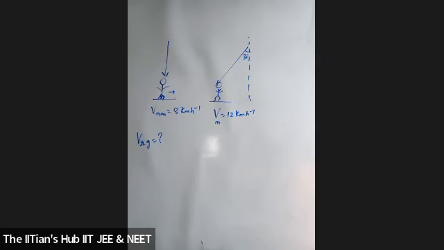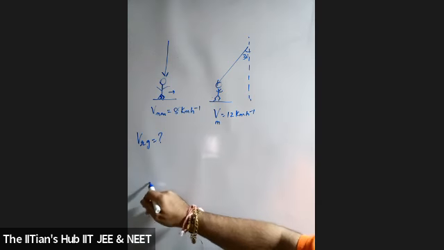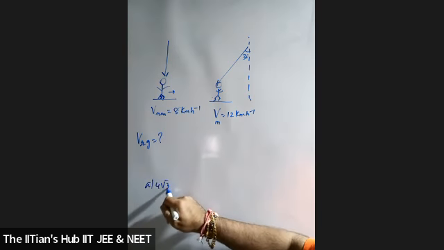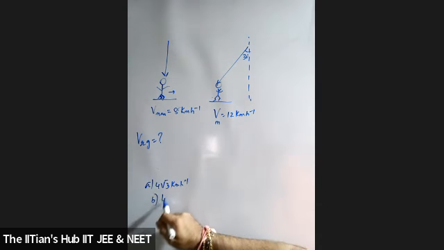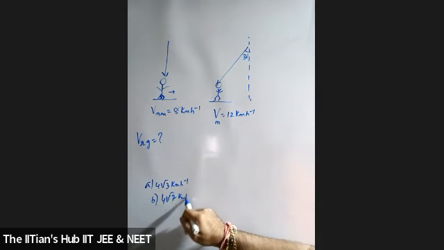So can you give the answer options? Okay, I'll give you the options. Option A, 4√3 kilometers per hour. Option B, 4√7 kilometers per hour.